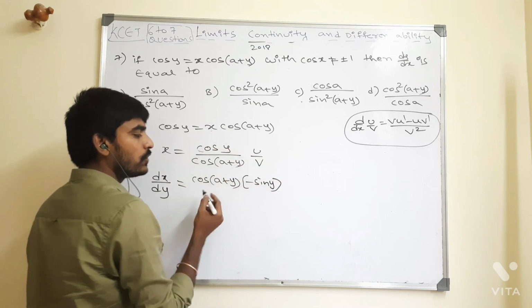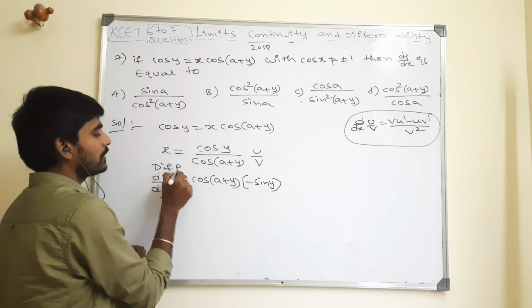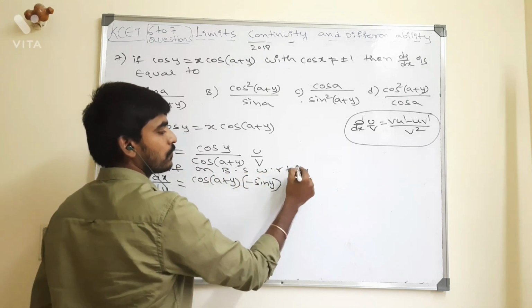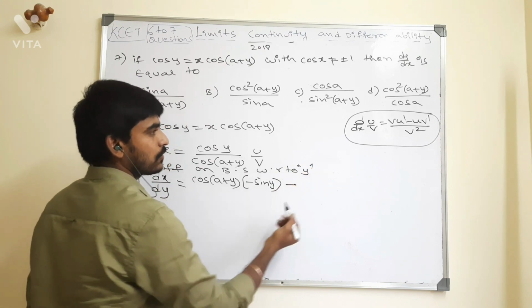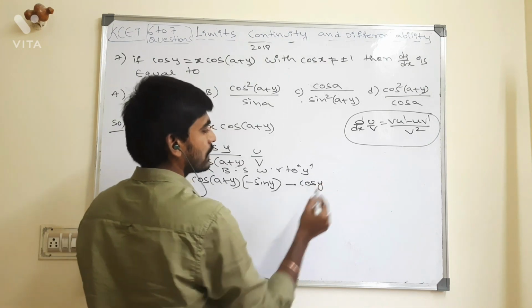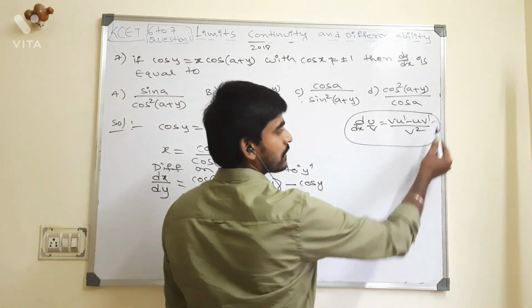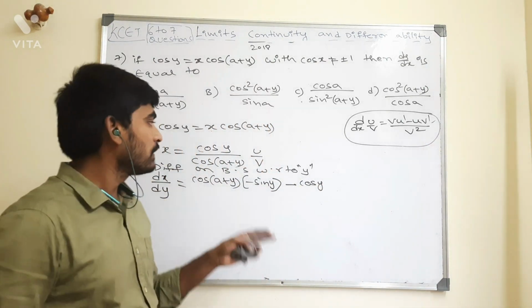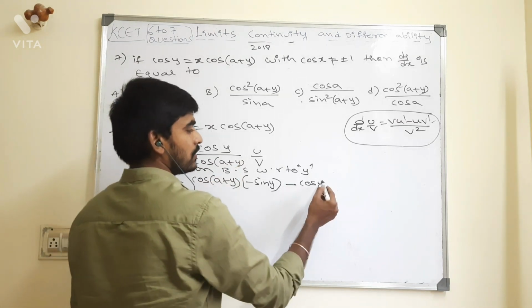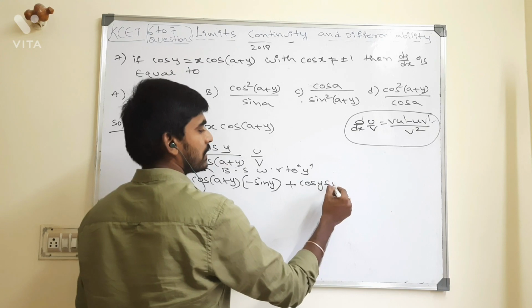Now tell me, minus what is u? What is the value of u here? Cos y. Next, v dash. What is the derivative of v? V means the denominator, cos of (a plus y), whose derivative is minus sin of (a plus y). Minus of minus becomes plus sin of (a plus y), and then the whole is divided by v square. What is v here? Cos square of (a plus y).